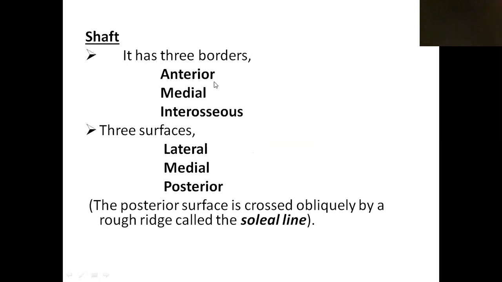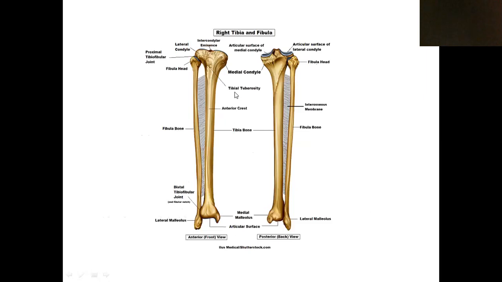So these are the borders: anterior border, medial border, interosseous border. It will be difficult to identify the borders in this image. See this one, this is the anterior border. This ridge starts from the tibial tuberosity, this roughened area, then runs downward and reaches this projection.